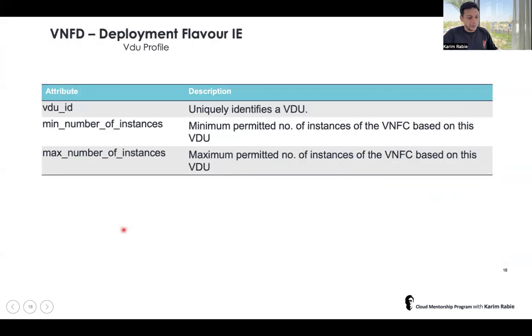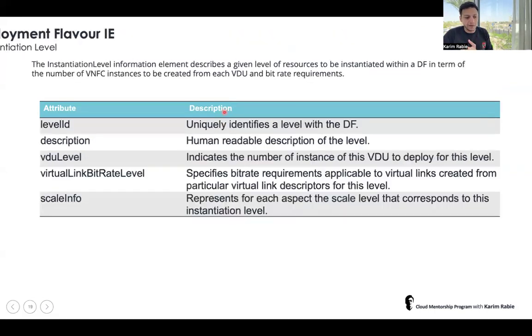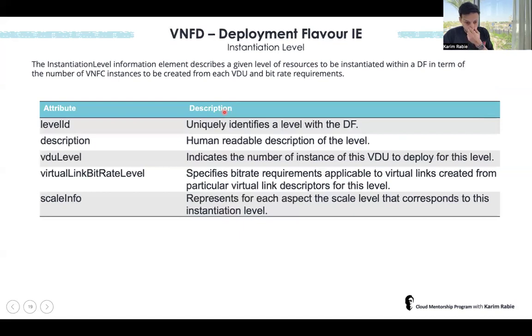If you go a little bit deeper, I'm showing you now the VDU profile in the deployment flavor. You see the minimum number of instances, the minimum number of VMs, and the maximum number of VMs that you cannot scale beyond. So these are the information elements, or constructs, that you see inside the VNF descriptor. I just brought it to you to be familiar with that.